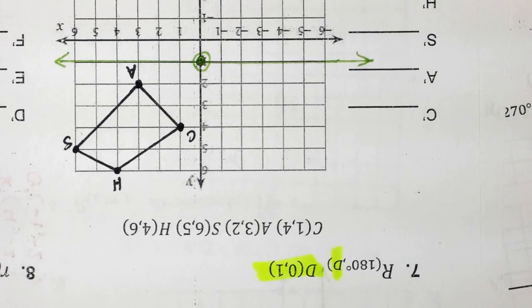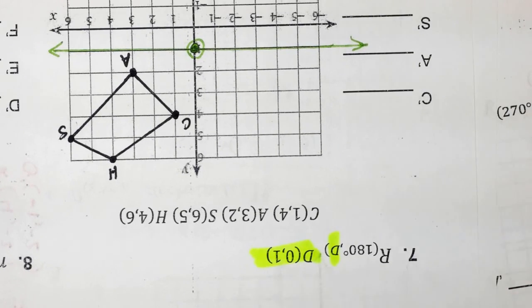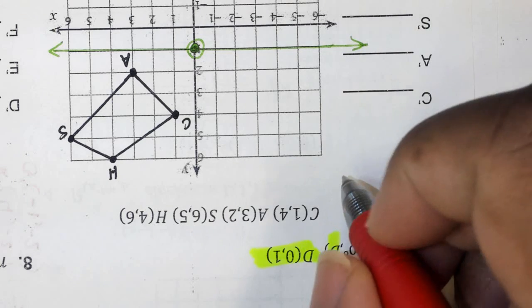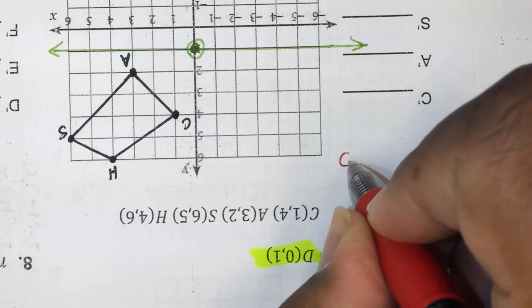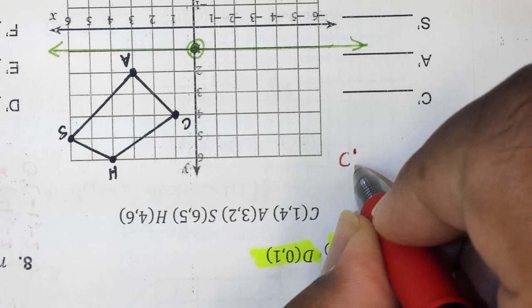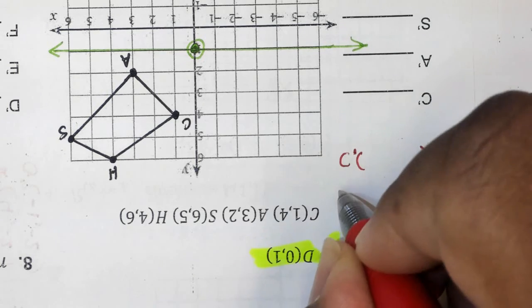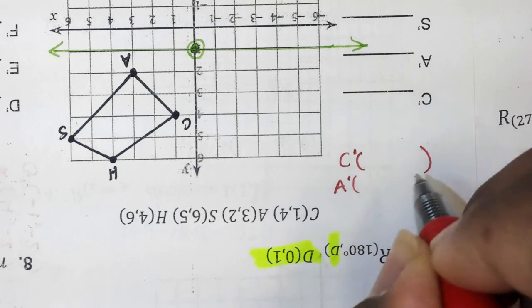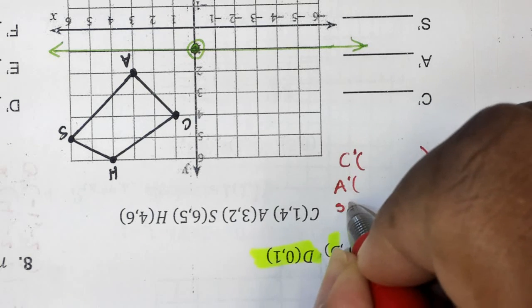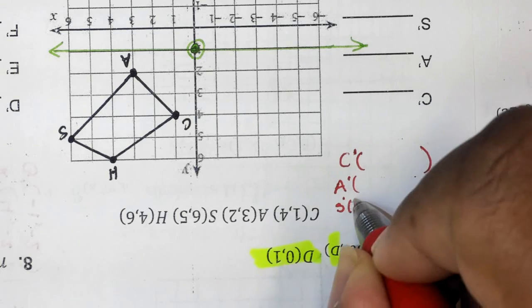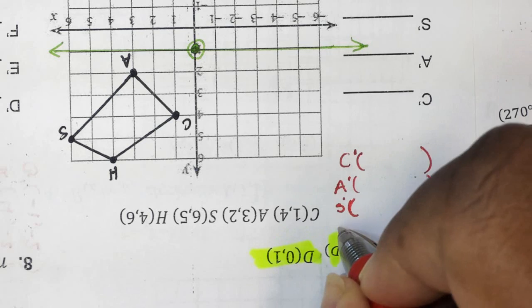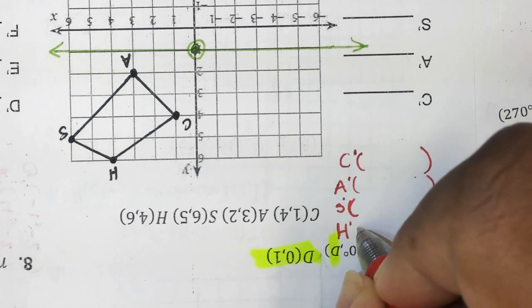Try to fit my points up here. So C prime, A prime, S prime. Hope I left myself enough room. H prime.